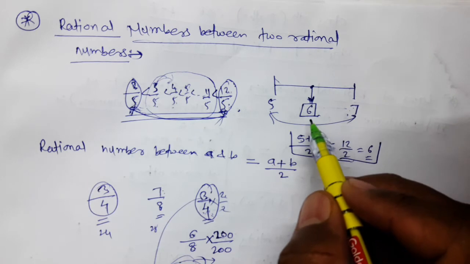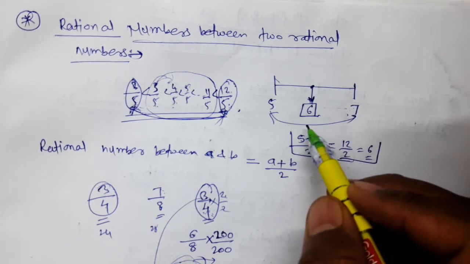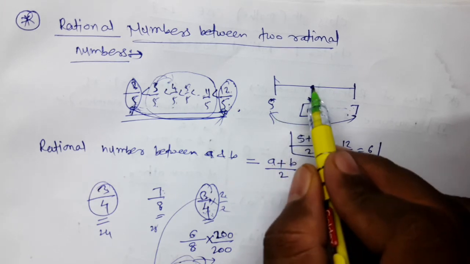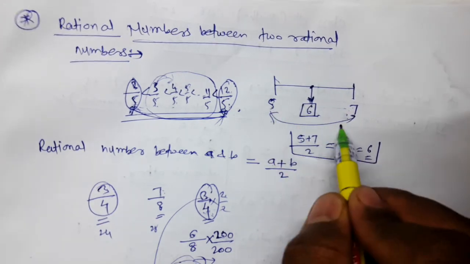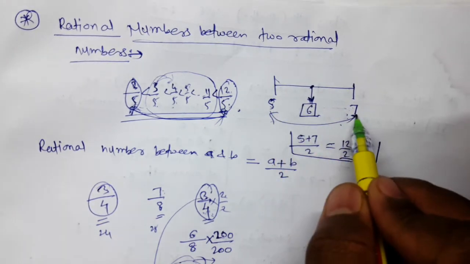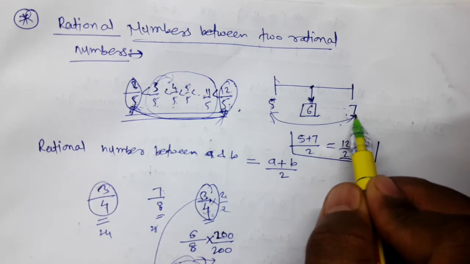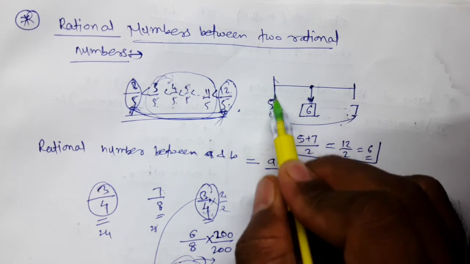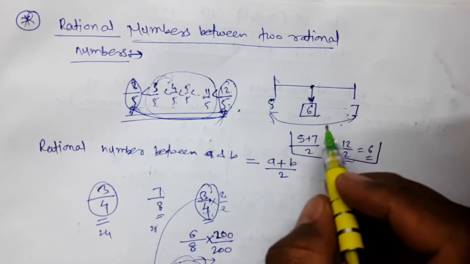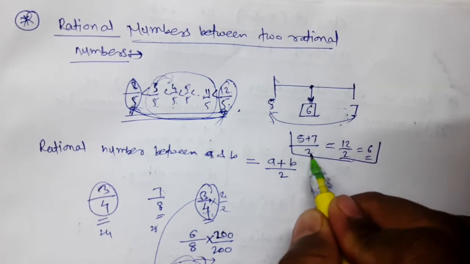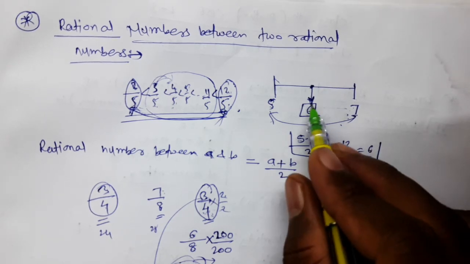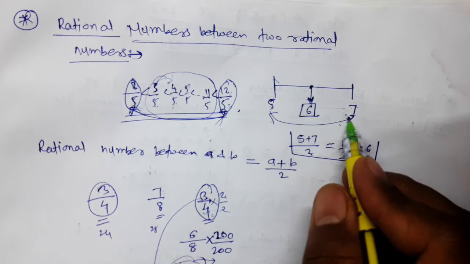Now let us find the exact middle number between any two numbers. Suppose there are two numbers, 5 and 7, and we have to find the exact middle number of 5 and 7. So add them and divide by 2. We will get the exact middle number between these two numbers.